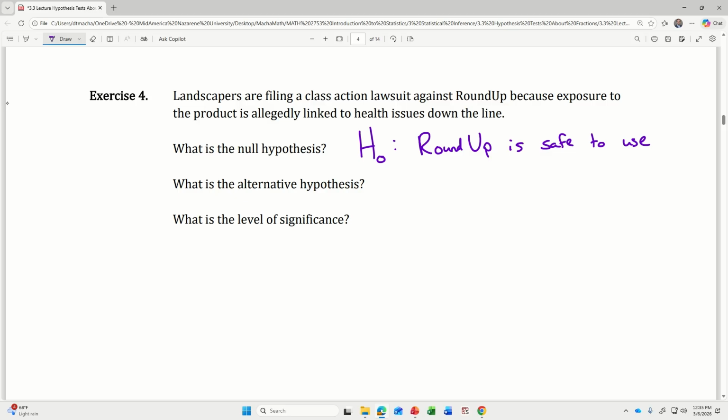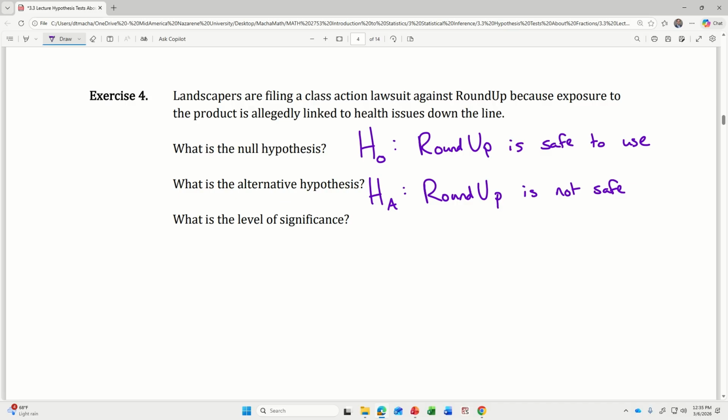And the way our legal system works is you cannot win your lawsuit against Roundup unless you can provide sufficient evidence to show that Roundup is not safe. So our alternative hypothesis is the one that requires evidence. And in this case, we're required to find evidence to show that Roundup is not safe. Otherwise, we just assume that the product is safe.